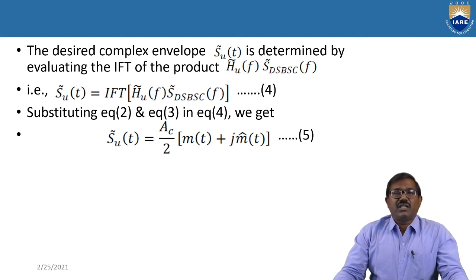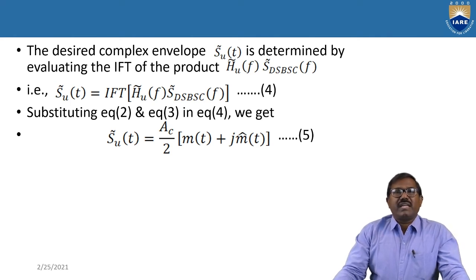That is, s̃_U(t) is the inverse Fourier transform of H̃_U(f) S̃_DSB-SC(f). So s̃_U(t) is the desired complex envelope.